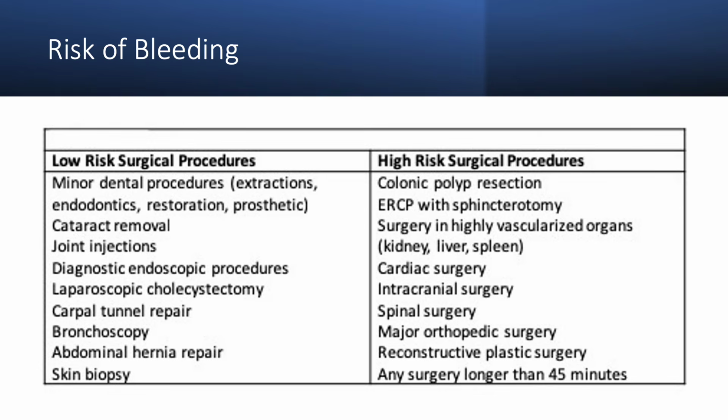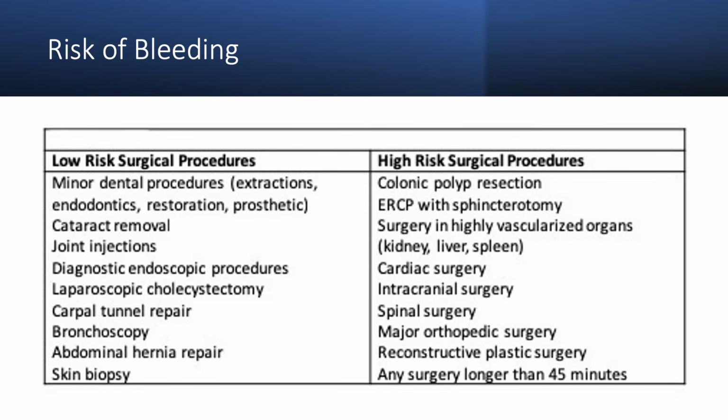So you should know what are the different surgeries which lead to risk of bleeding. We have low risk bleeding procedures or surgical procedures and high risk surgical procedures which can cause bleeding. So in the low risk: minor dental procedures, extraction, endodontics, restoration, prosthetics, cataract removal, joint injections, diagnostic endoscopy, laparoscopic cholecystectomy, and further on.